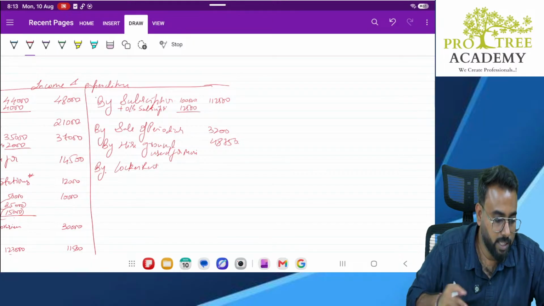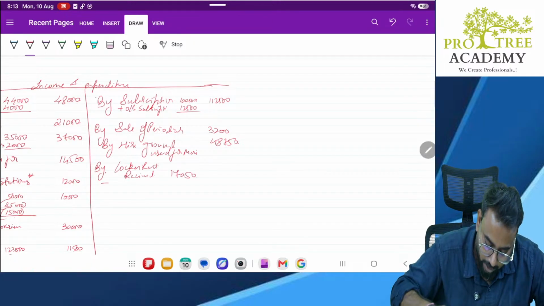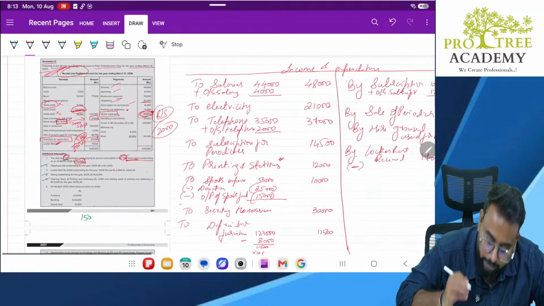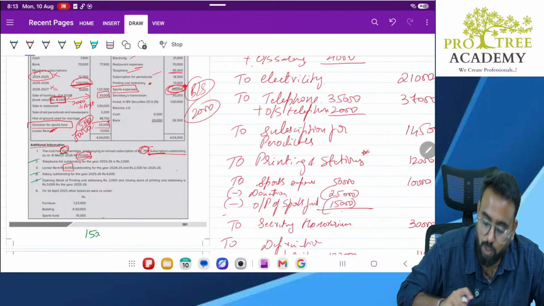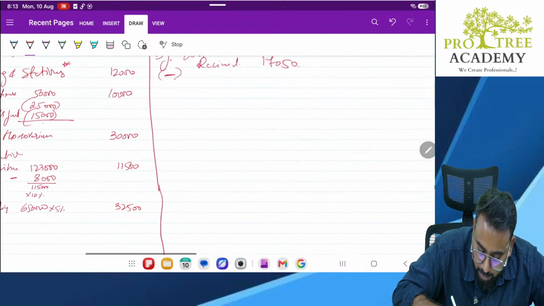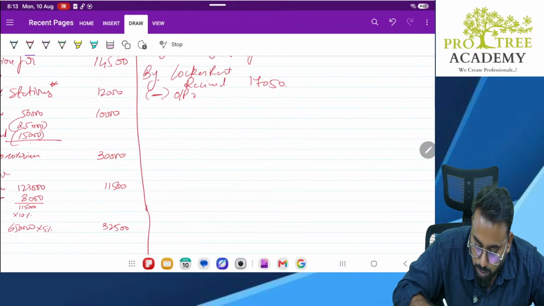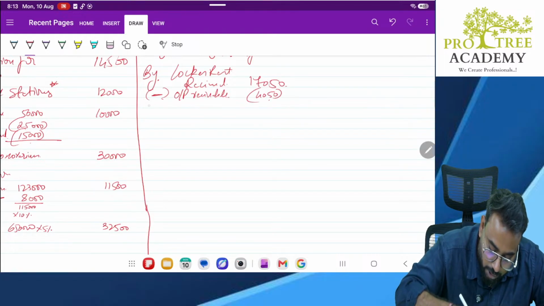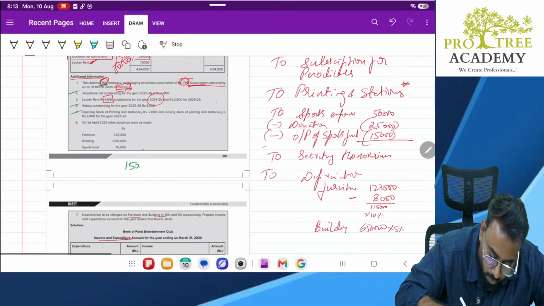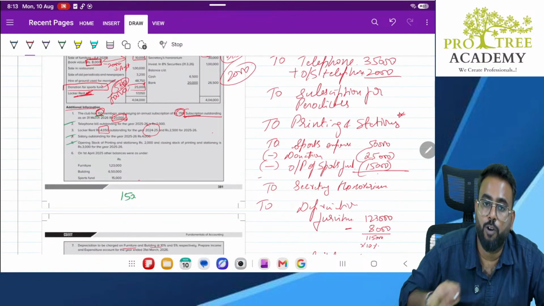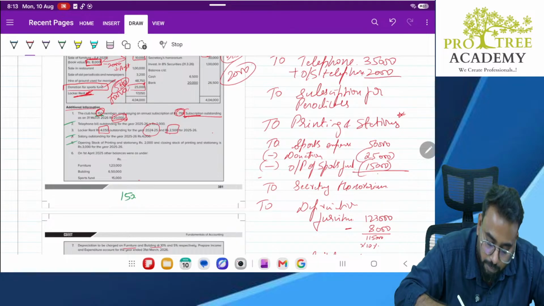Out of this 17,050, 4,050 belongs to 24-25. Correct or no? So that much will reduce the opening receivable. 4,050 is part of the amount actually received. Locker rent actually received, but we have some receivable also for the current year. That is also my income, which is not shown here.